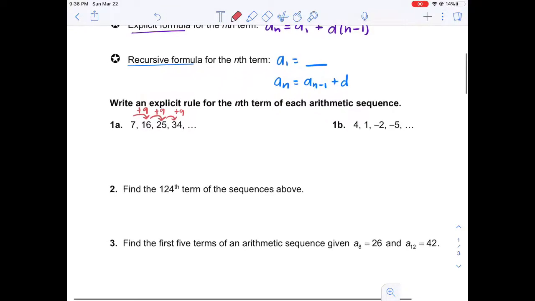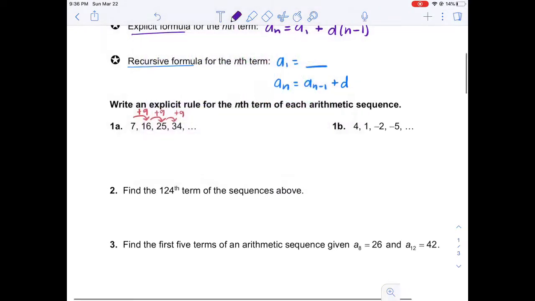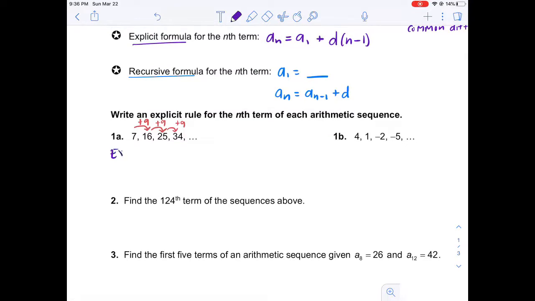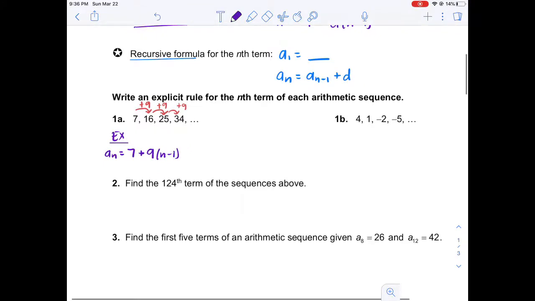So for the explicit rule, our nth term is equal to the first term, which in this case is 7, plus the common difference, the number that we're adding every time. That makes d 9. So this is plus 9 times n minus 1. Now this next step is optional.